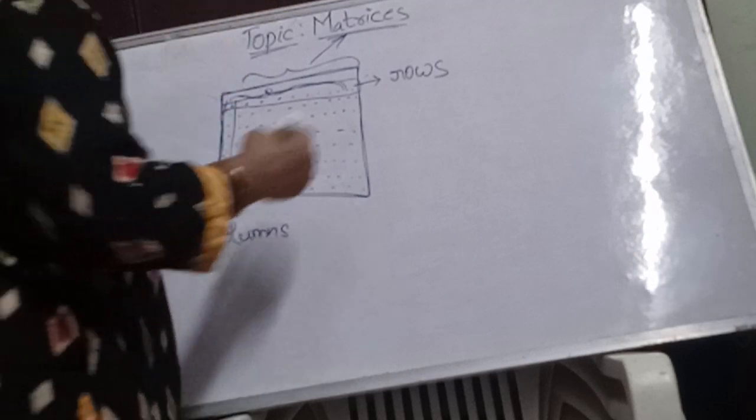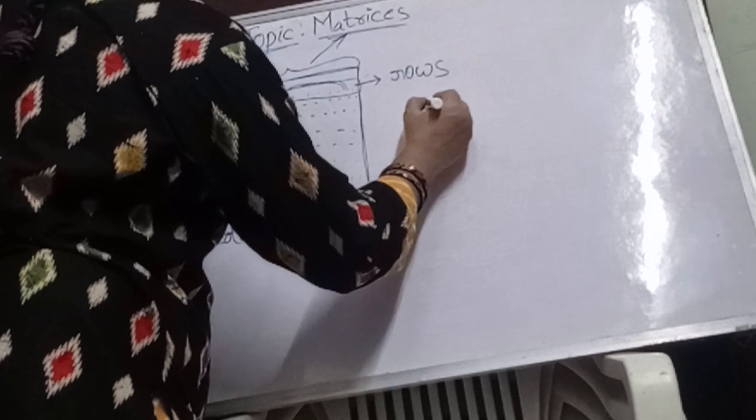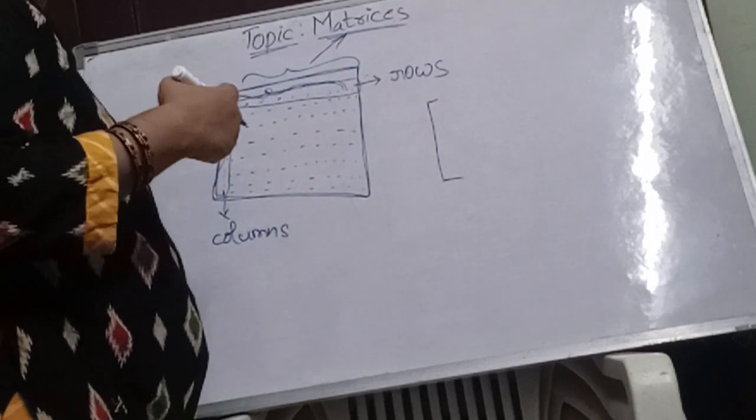Okay. So how can we write a matrix? Say for example, take one matrix, and the matrix always starts with a square bracket and some numbers.